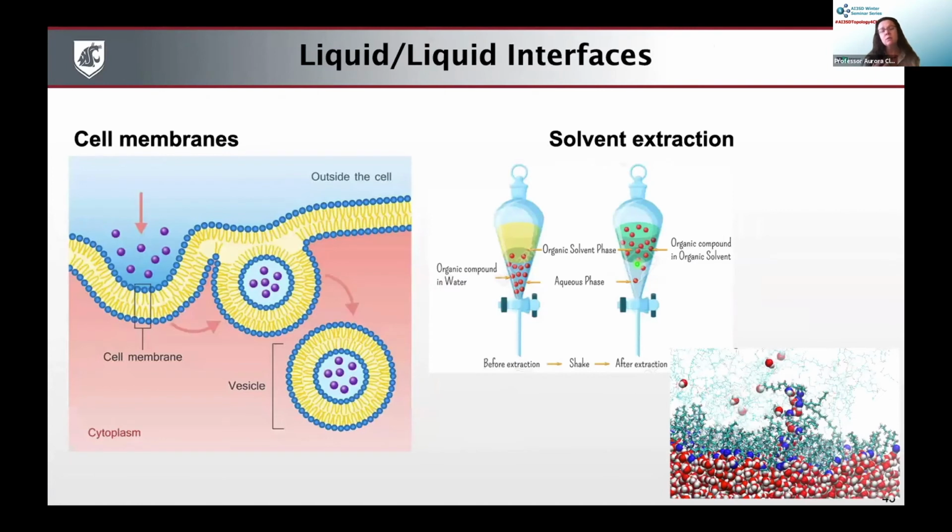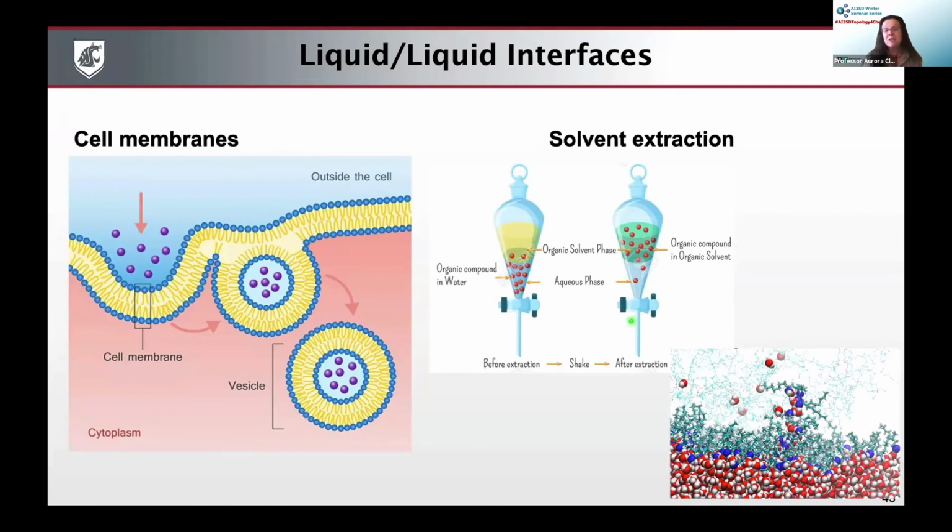The study of liquid-liquid interfaces has tremendous impact across many areas, whether it's drug delivery and understanding how things go across cell membranes, the properties of cells in the context of budding or vesicle formation, or solvent extraction, which is arguably the world's largest and most industrially used purification process. Solvent extraction and distillation are the workhorses of chemical synthesis and purification.